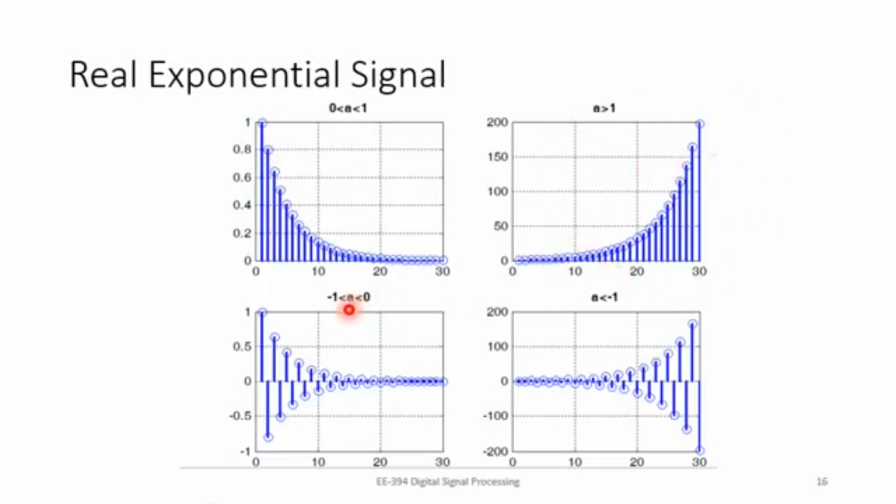If the magnitude of a is still less than 1, but the sign is negative, so it is between 0 and minus 1, we will still get a converging signal. However, there will be an oscillation. The signal will be on both sides of the x-axis. And lastly, if the value of a is less than minus 1, then again we will get a divergent signal, which is the sign of instability, and this time it will be on both sides of the x-axis.